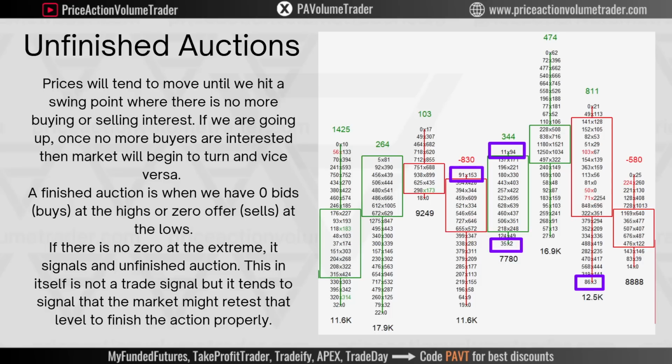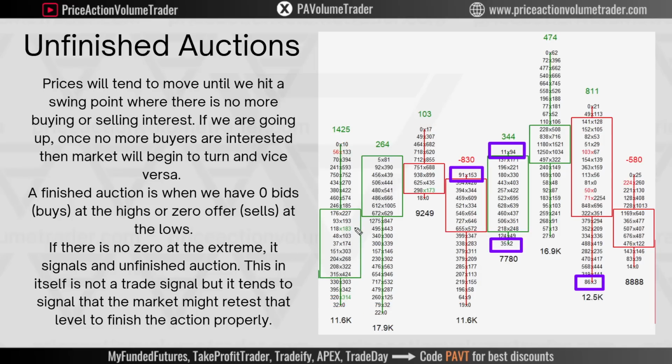A finished auction is when we have 0 bids or buys at a high. So for example, this one's right here. And or 0 offers or sell at the lows like we have over here.